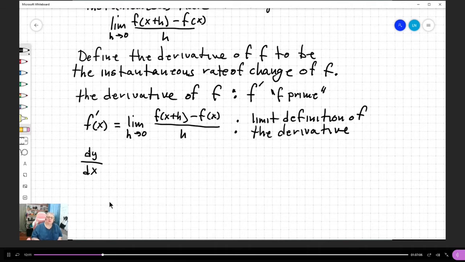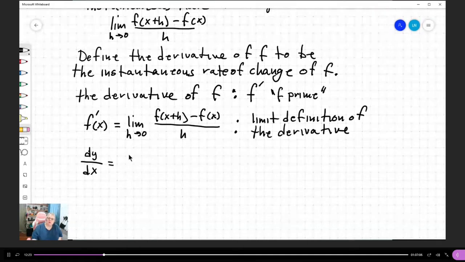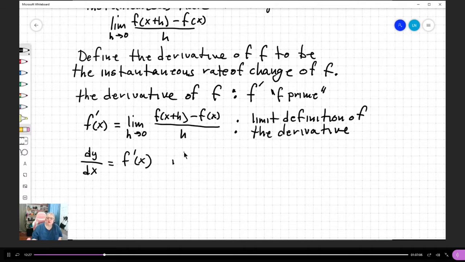But dy dx is another way of writing the first derivative, the instantaneous rate of change of the function y, a function of x. So you'll frequently see dy dx equals f prime of x, if I have y equals f of x. You could also just see y prime equals f prime of x.